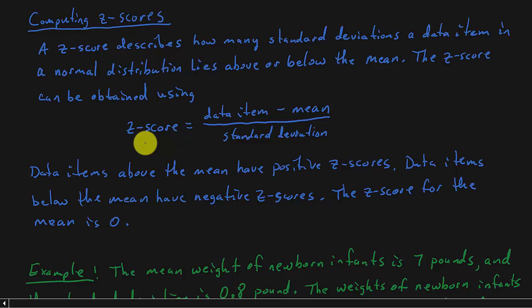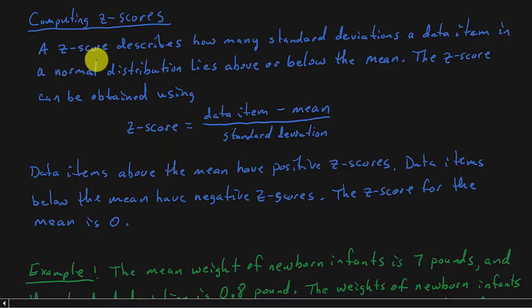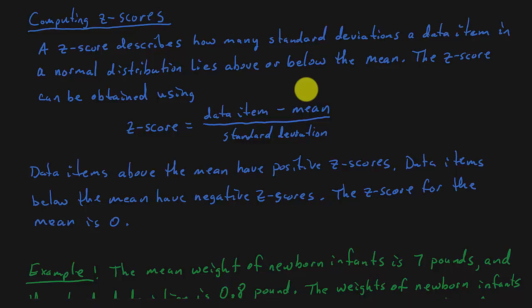And like I said, looking all that up in the table and everything, that's in the next lesson. All right, so let's look at this. It says a z-score describes how many standard deviations a data item in a normal distribution lies above or below the mean. All right, so that's what we've been doing. Okay, remember we were going 1, 2, or 3 standard deviations above or below the mean.